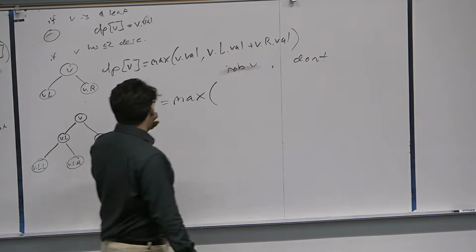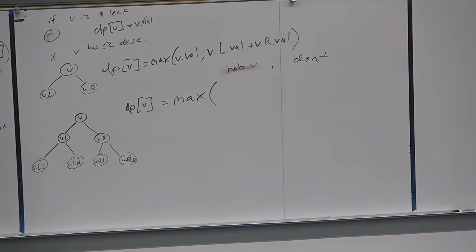If you choose to rob house V, you cannot take VL and VR, that's correct. But what can you take? V.L.L, V.L.R. You can or can't? You can. But what if it's not valuable? What if it's not appropriate value to take V.L.L?